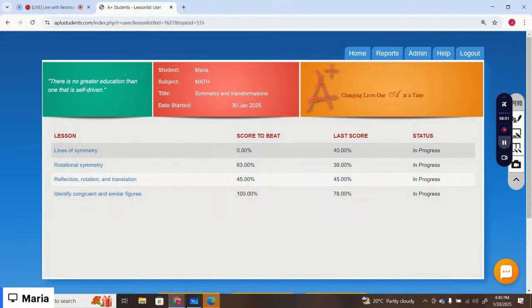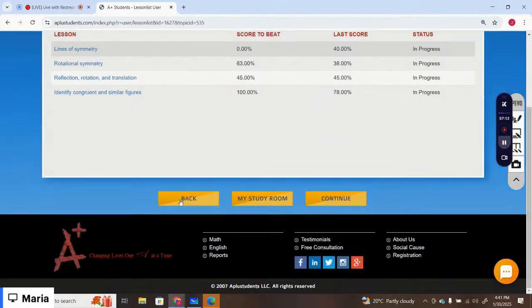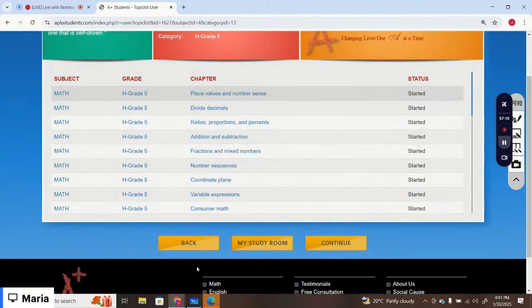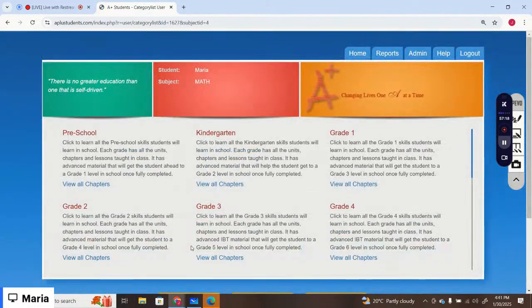The lessons we have covered from the chapter are lines of symmetry, rotational symmetry, reflection, rotation, and translation, identify congruent and similar figures. So please make sure before the next session you can complete all the practice questions for the lessons we just did. That is your homework until next session.